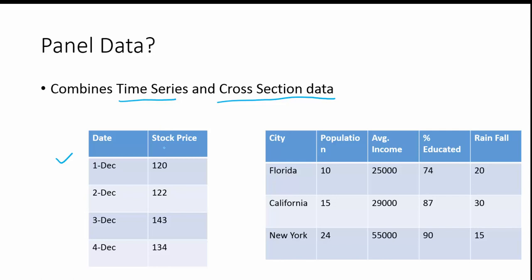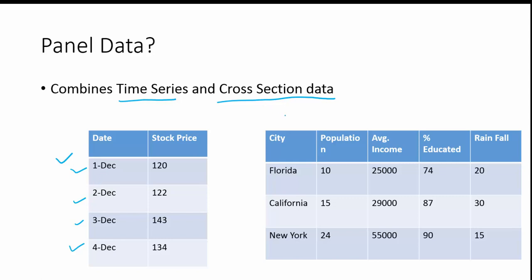So you have got stock price for 1st December, for 2nd December, 3rd December and 4th of December. So you have stock price data for 4 consecutive days. That's time series because it has data for different time periods, and the difference between the consecutive time period is constant because it is only 1 day difference data.